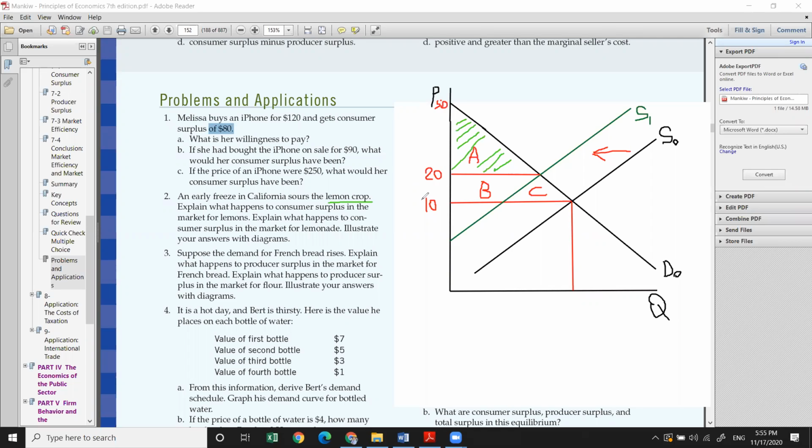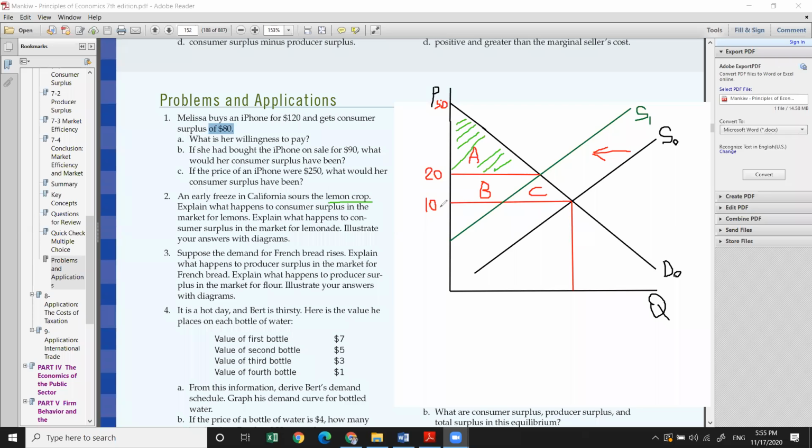If you actually pay $10 and your maximum willingness to pay is $50, what is your consumer surplus? All the triangles, A, B, C. Yes, and tell me the amount. 40. Yes, very good. 40, because the maximum you are willing to pay is 50 and you're actually paying 10.